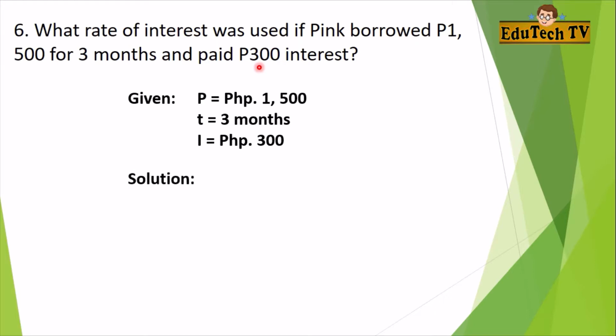Now, using our formula, which is R equals I over PT, 300 is our I, and the principal amount is 1,500. Since our time is expressed in months, we just have to express it as 3 over 12. So we'll have 0.08, or that's 8%.